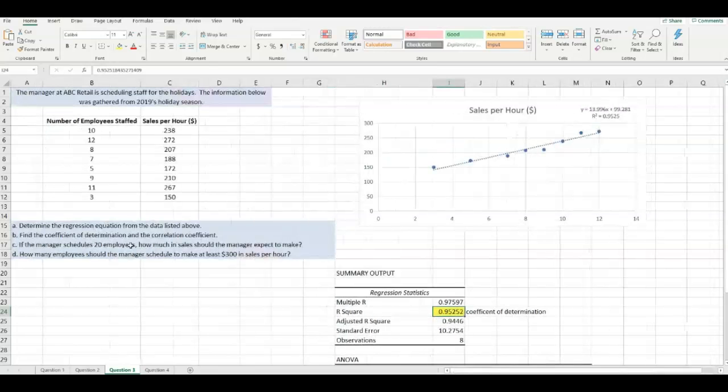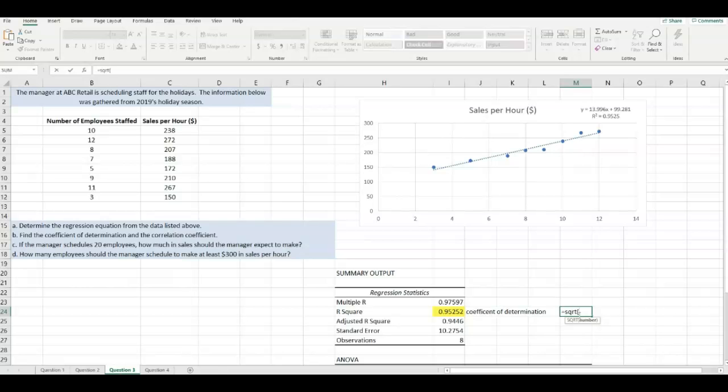Now, we also needed to find the correlation coefficient. Few different ways that we can do this. Correlation coefficient is the square root of the coefficient of determination. So if we took the square root of that 0.95, we get 0.97597.